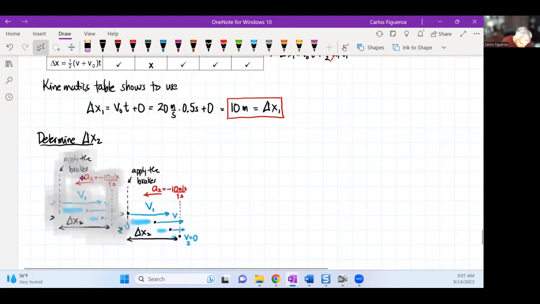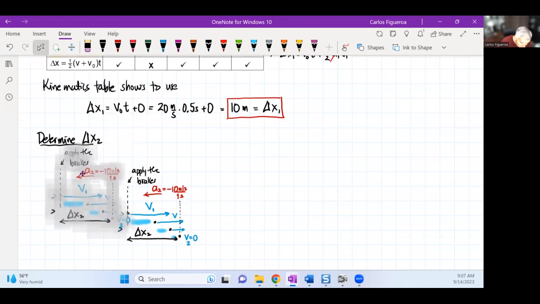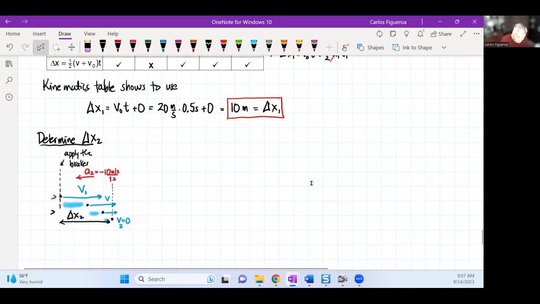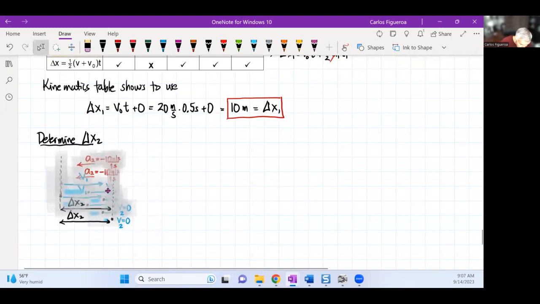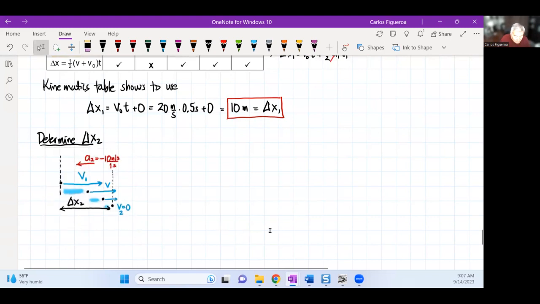So I'm going to clean this up a little bit. So here's what we know. I need to solve for delta x2.